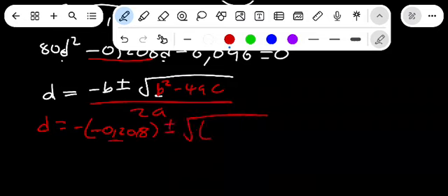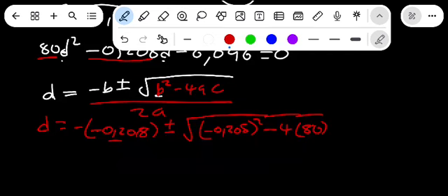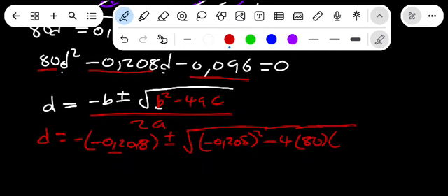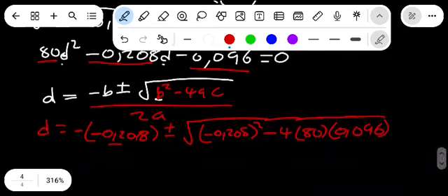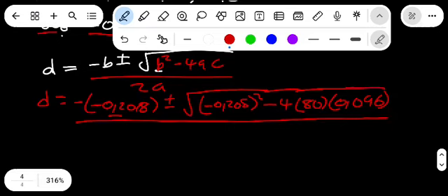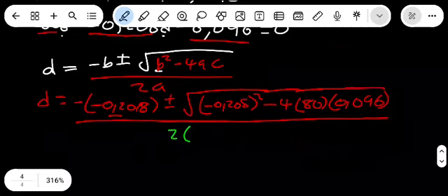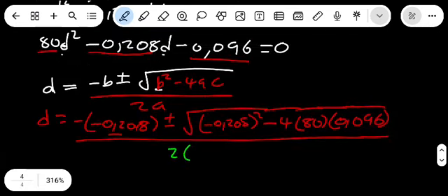B is still negative 0.208 squared, minus 4. A is 80. What about C? C is 0.096. So divide this by 2 times A, which is 80.